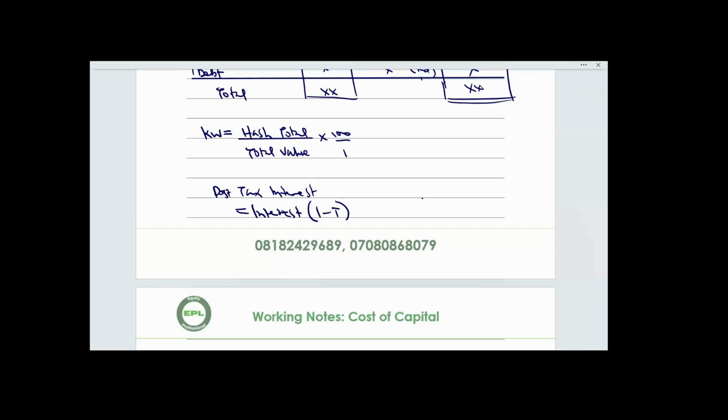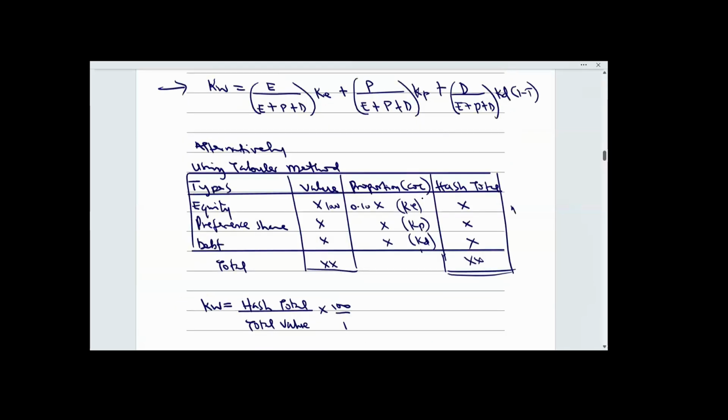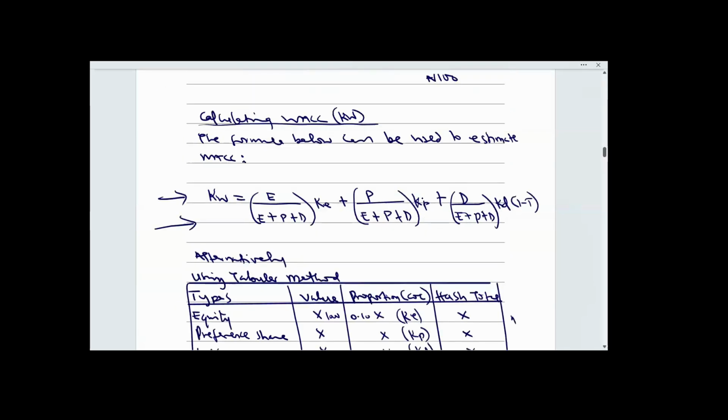So when you are calculating your KD, whether it's redeemable or irredeemable debt, you would have adjusted for tax. So when you have adjusted for tax, there is no need, even using this formula, to say 1 minus t again, because that will be double dipping. That means you are treating tax twice. So before you get to this stage, you would have adjusted for your tax.